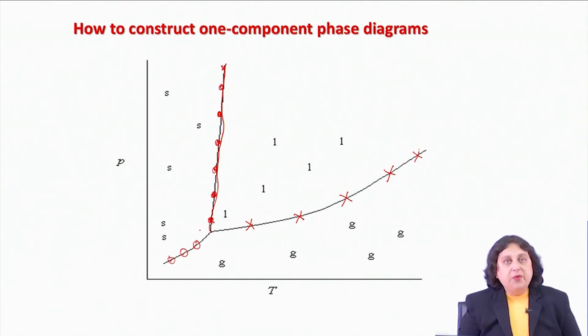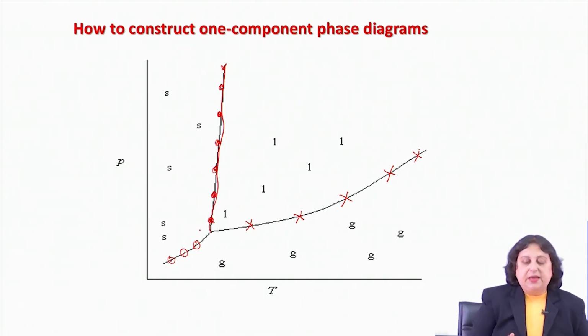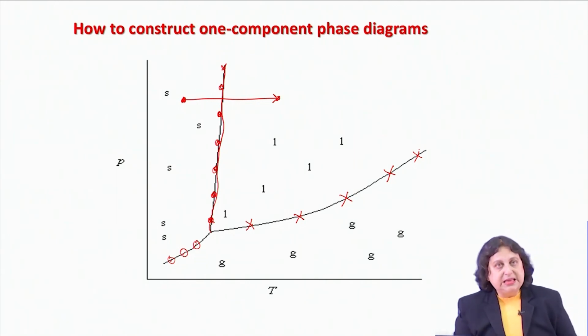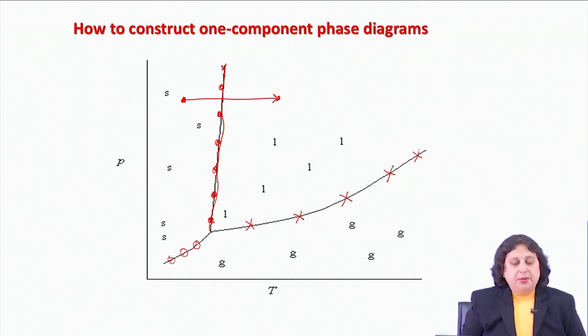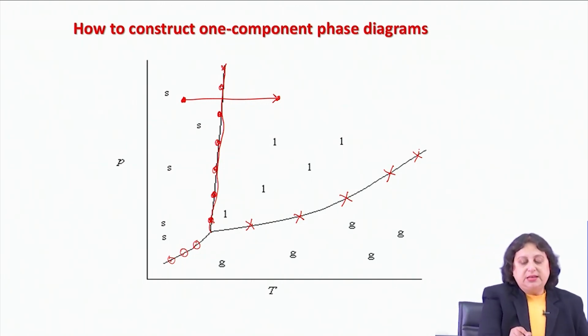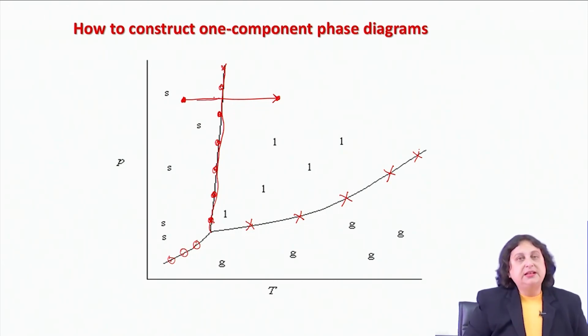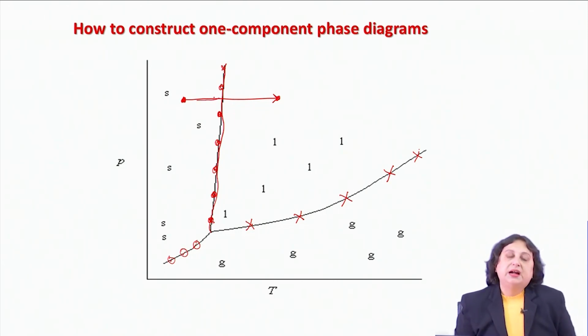Therefore, if I want to know the process, if I go from this value of pressure and temperature to this value of pressure and temperature, I am basically heating up the substance at constant pressure. So, the process involved would be heating of the solid till here, where there will be a single solid phase of the substance.